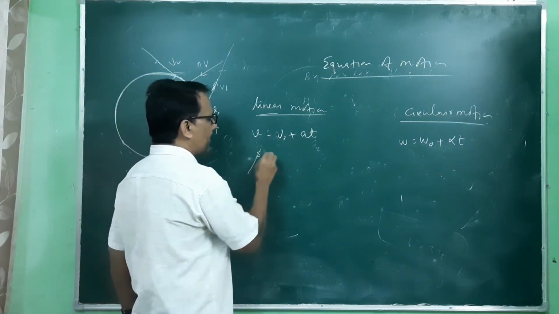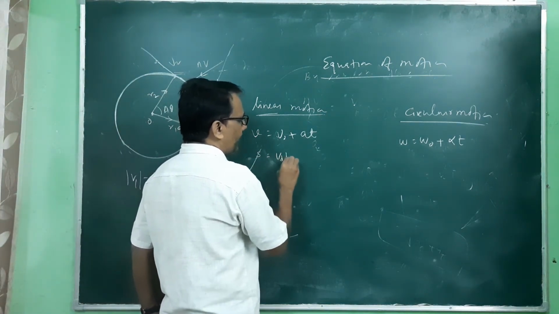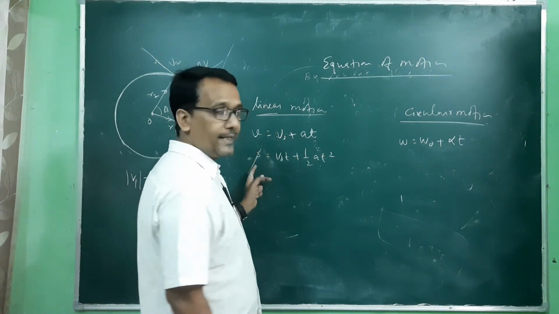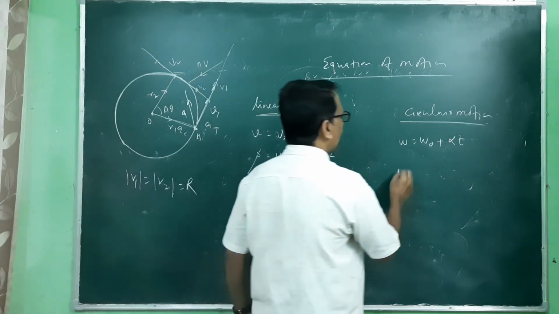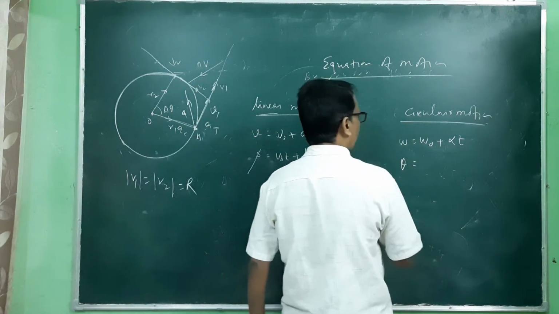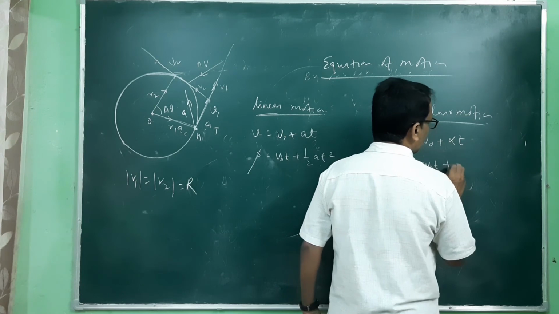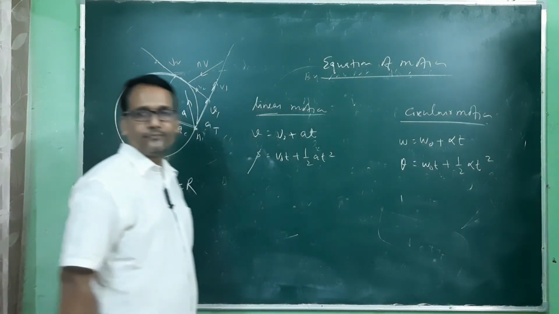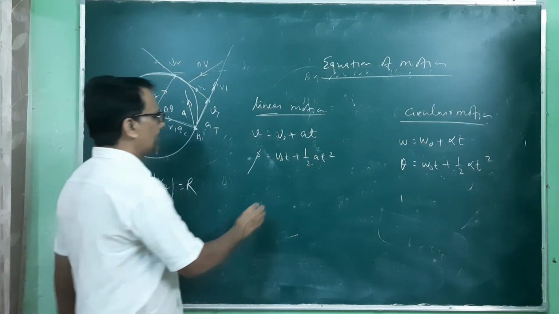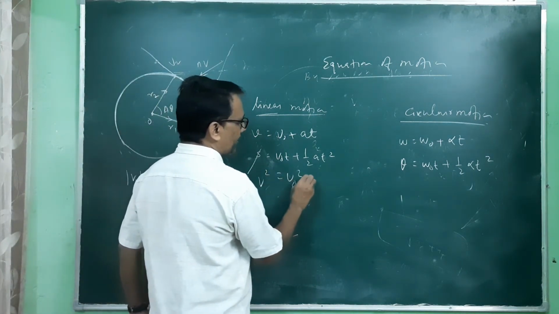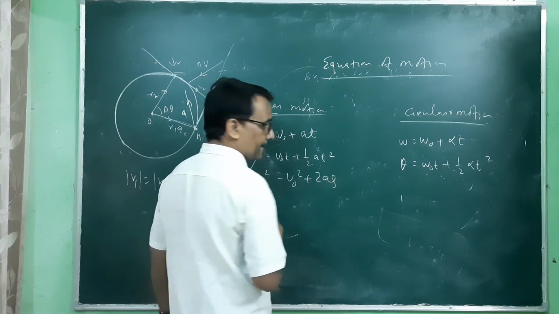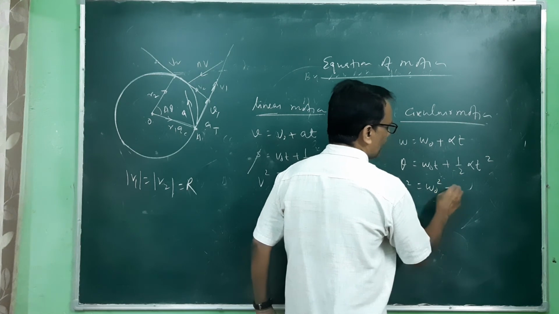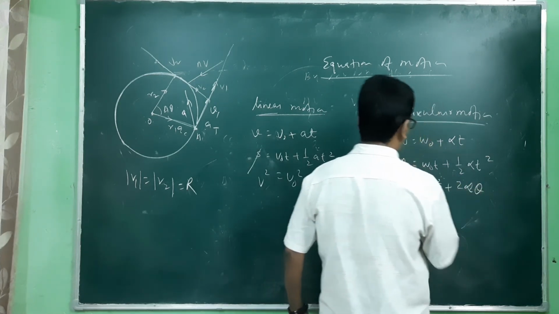Second, the displacement s is equivalent to v naught t plus half at square, and in place of linear displacement we will have angular displacement theta equivalent to omega naught t plus half alpha t square. Third, v square is equivalent to v naught square plus 2as, and here that will be omega square equivalent to omega naught square plus 2 alpha theta.